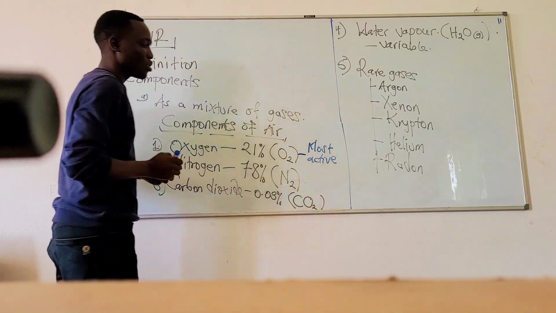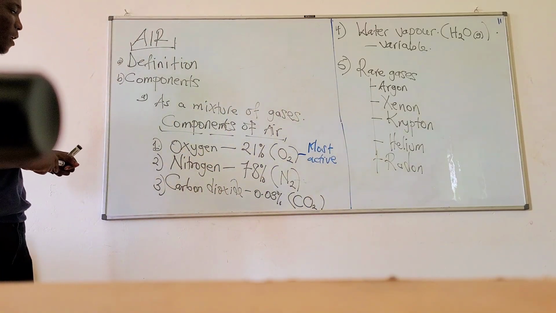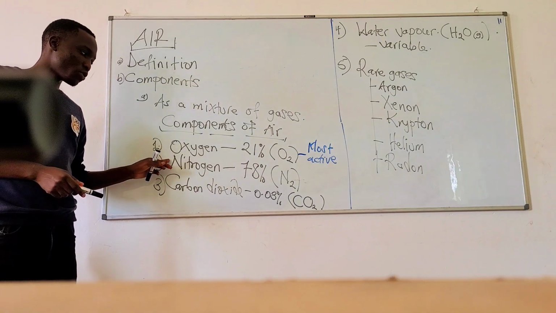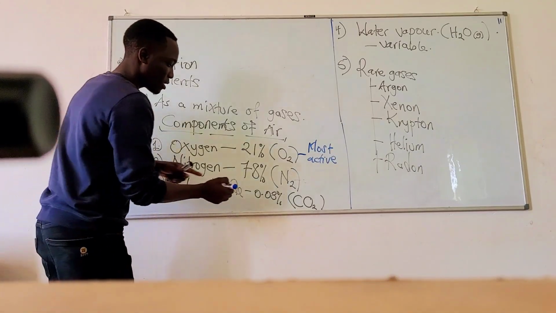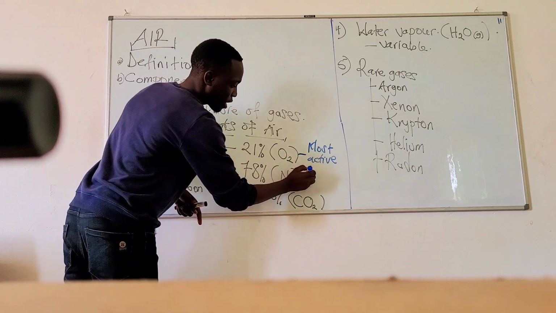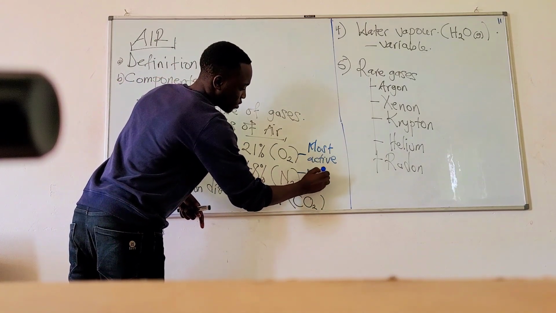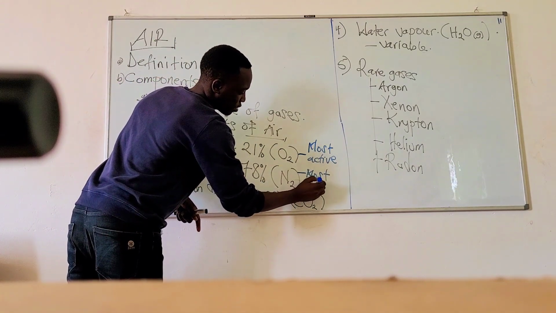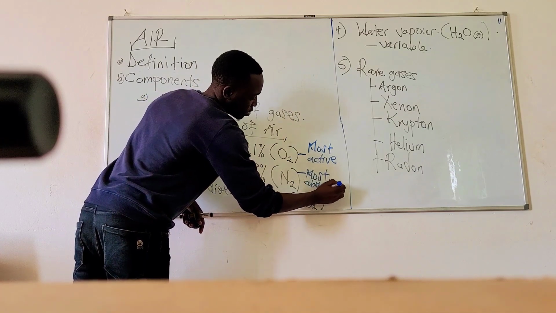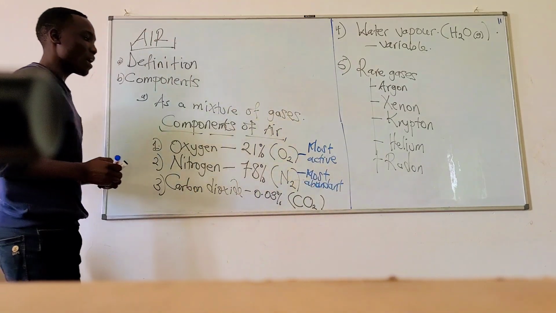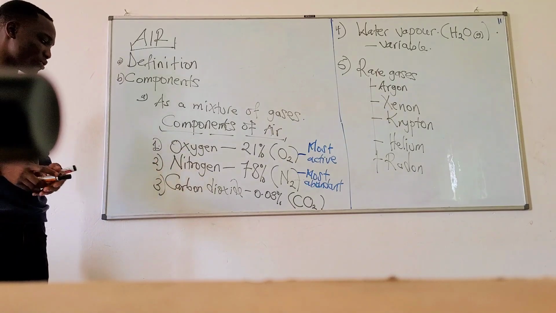In simple terms, it's the most reactive component of air. We also talked about nitrogen having 78%. This is the most abundant, as you can see from the composition here. The most abundant component of air is nitrogen.